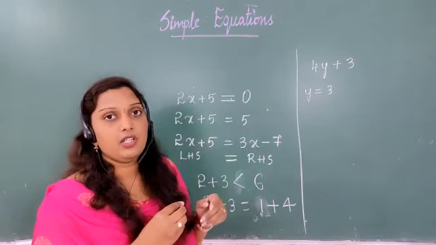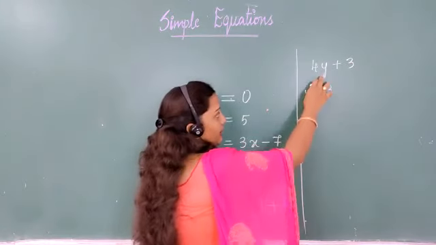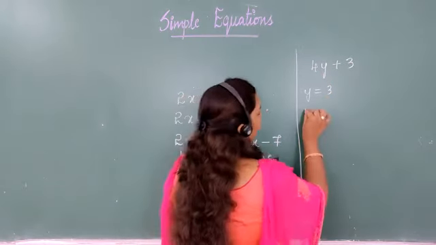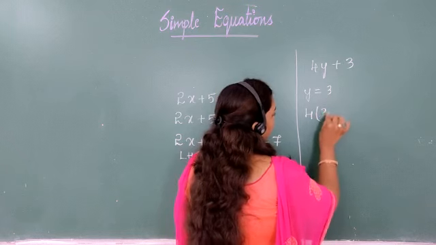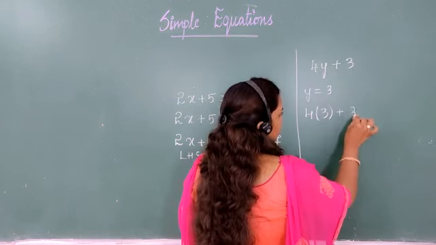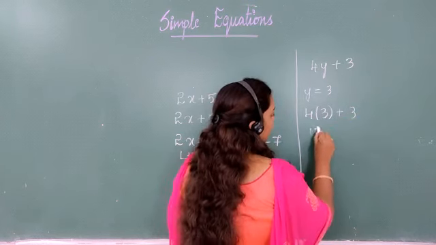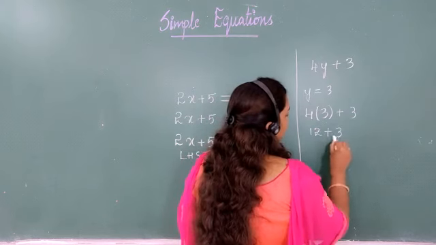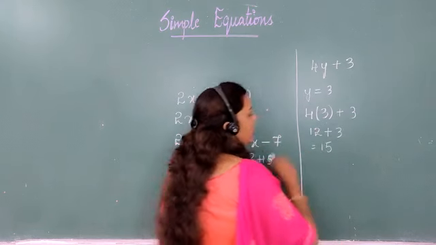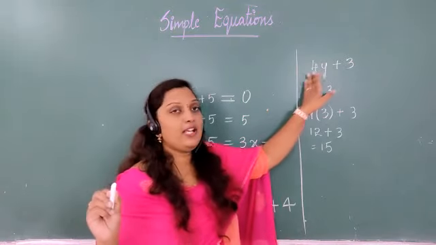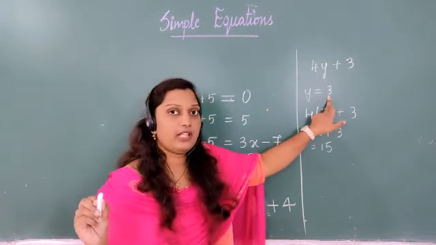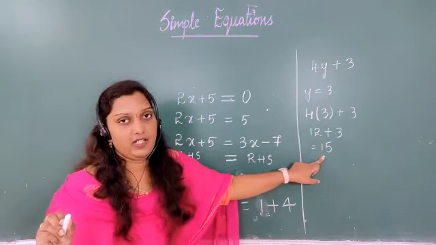What will you do? You will substitute 3 in place of y, so you will get 4 into 3 plus 3. 4 threes are 12 plus 3, you will get 15. So 4y plus 3, if y is equal to 3, then the value is 15.